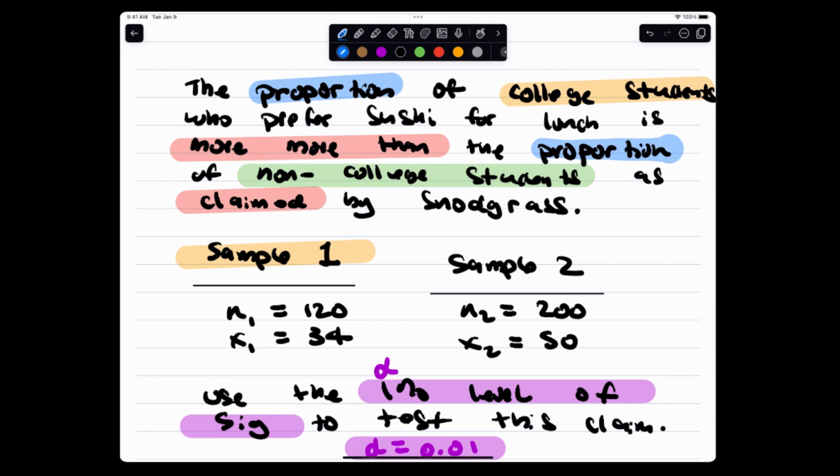They could say 10%. Sample 2, non-college students. So this is the group, college versus non-college.